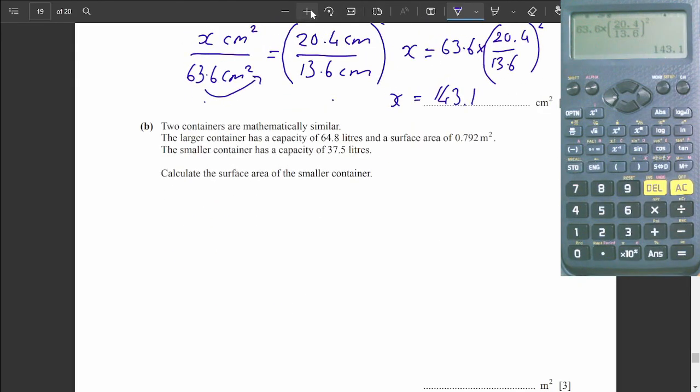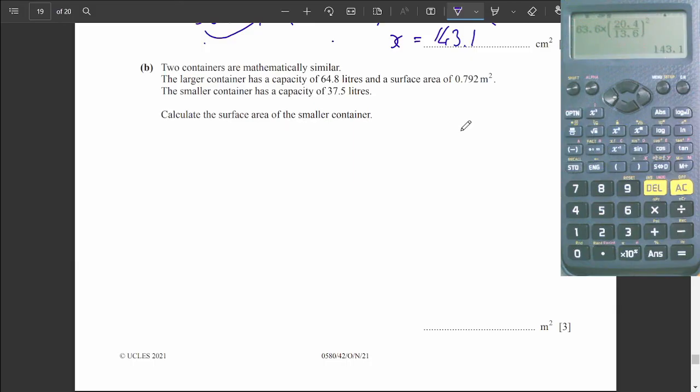Right, getting to question B. We've got two containers that are mathematically similar. Let's draw a sketch there to help us out. So imagine, let's make them a cuboid or a cube. Doesn't matter. There's a big one and there's a small one.